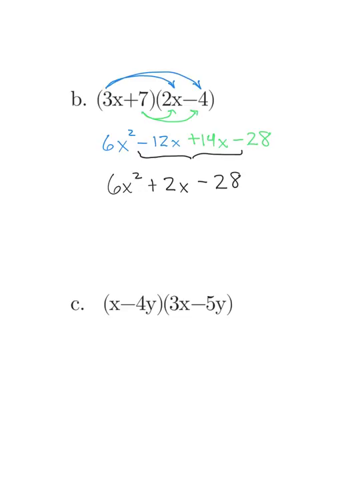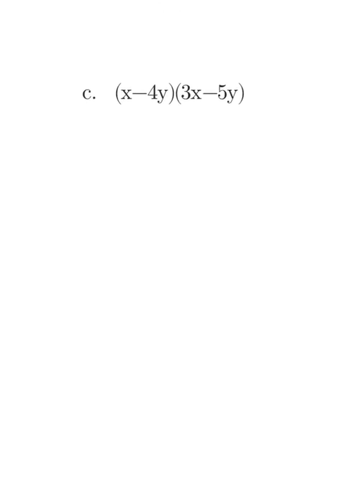Okay, last example, we have example C. So again, first, we want to multiply x times 3x will give me 3x squared. Outsides, x times minus 5y, we get minus 5xy. Insides, negative 4y times 3x, we get minus 12yx, or you can write that as minus 12xy. Remember, it's multiplication.